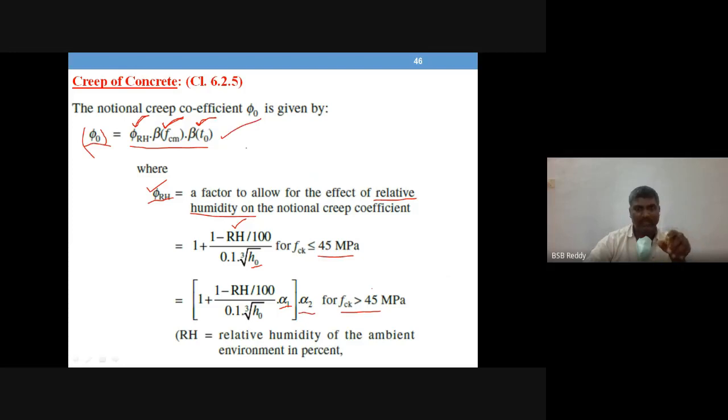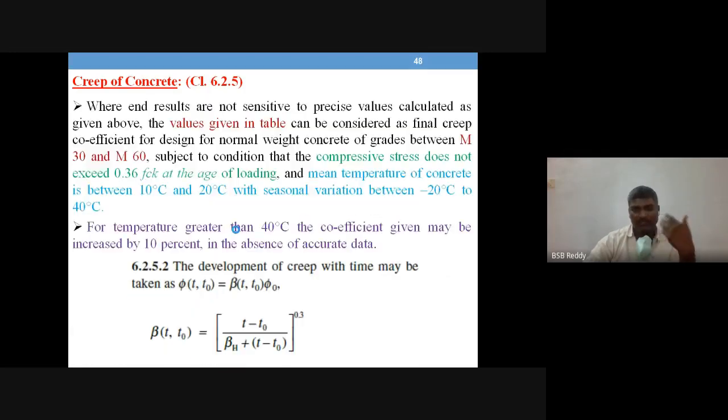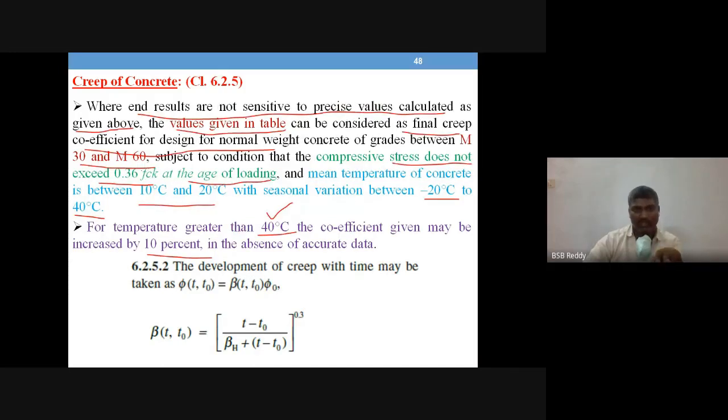If you don't want a precise value, use the tabular value, satisfying all these conditions: the concrete grade should be between M30 and M60, the stress in the concrete is less than 0.36 fck at the age of loading, and the temperatures between minus 20 and plus 40.